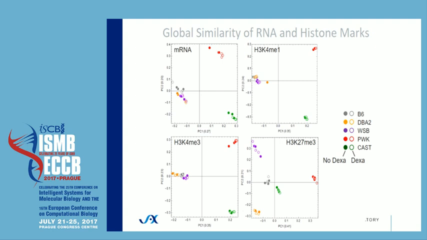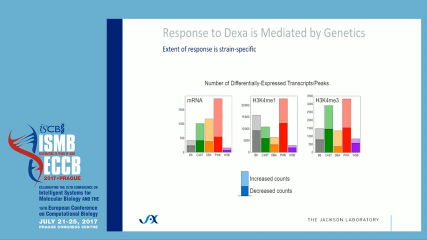So the lesson here is genetic variation can really overwhelm even the effect of a drug. And again, these are mice with quite a bit of variation within the strains that we mixed, and perhaps in, say, a human population, you're not going to see that much variation, but it's still quite a lesson about the power of genetics.